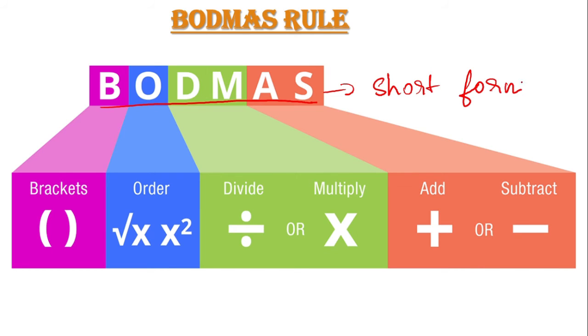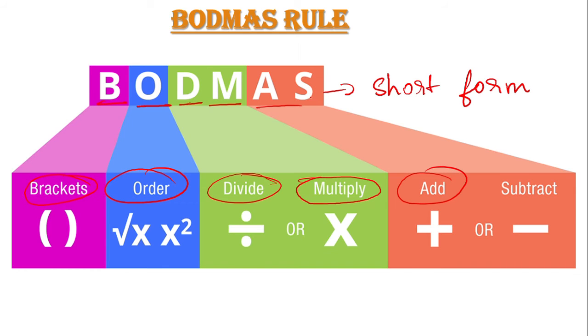But if we want to check what it represents, see here, B stands for brackets, O stands for order, D stands for divide, M stands for multiply, A stands for add, and S stands for subtract.